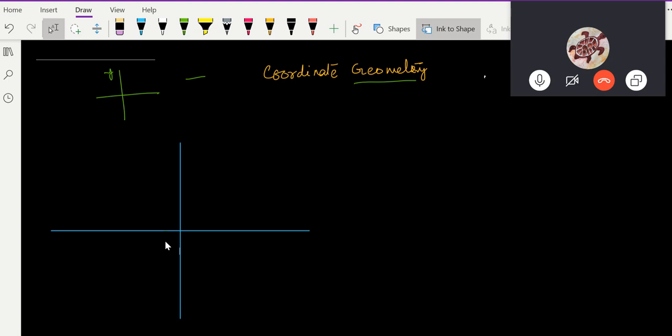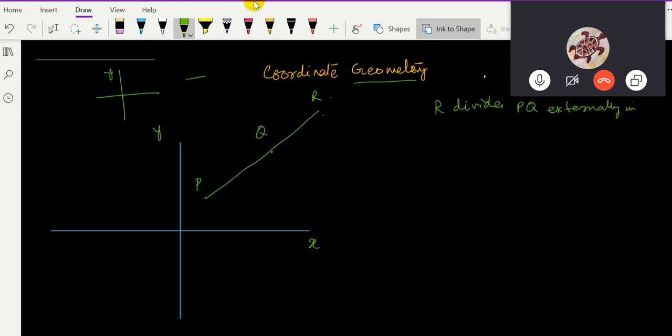Now, let us see one more case where I have points P, Q, and R such that R divides PQ externally in the ratio of m is to n.